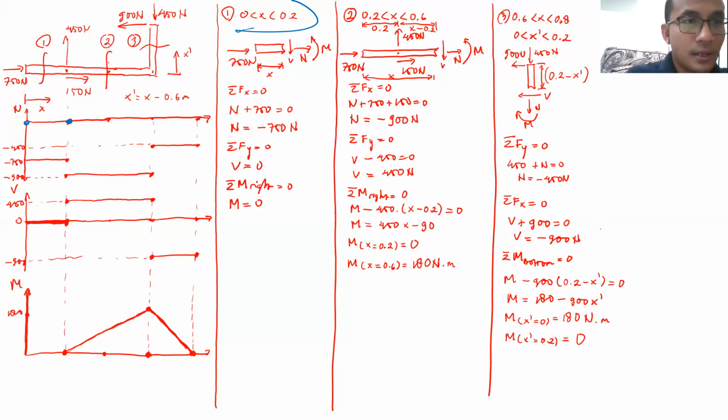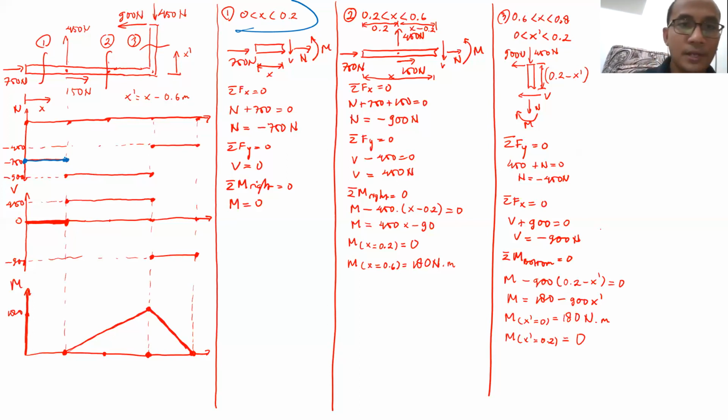The value of N there, sorry, I made a mistake, the value of N there from x equal to 0 until x equal to 0.2 will be minus 750 Newton.